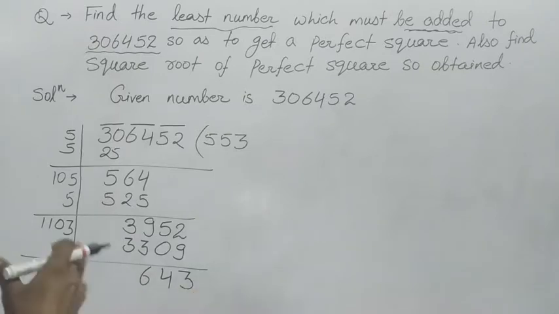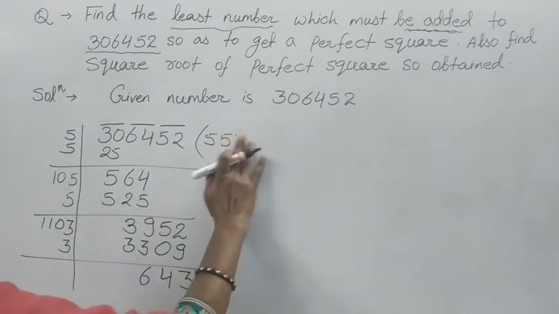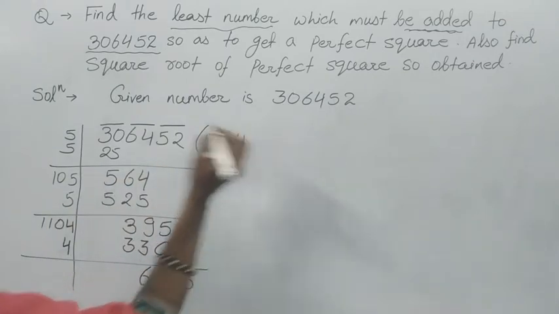So for making the steps fewer, what do we do? We don't write 3 here. So just erase this, and here we erase this. And we try with 4 and write 4 here.